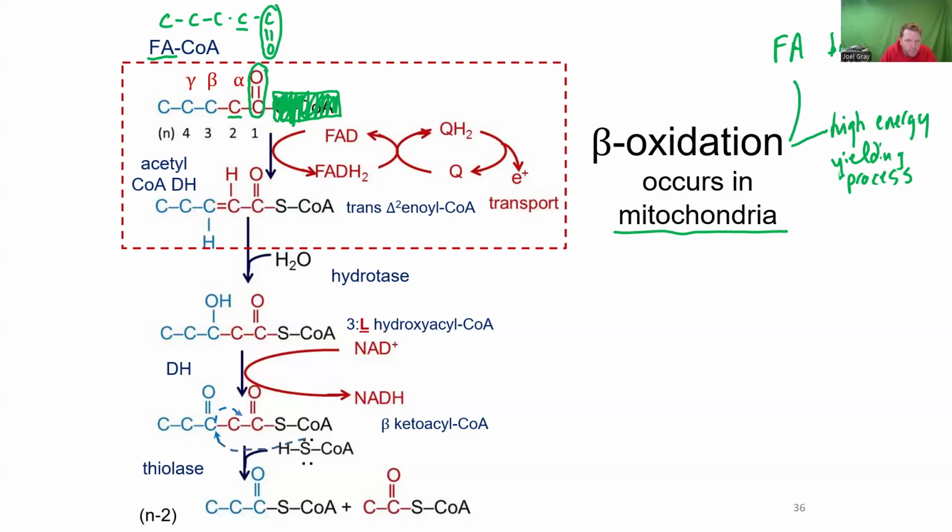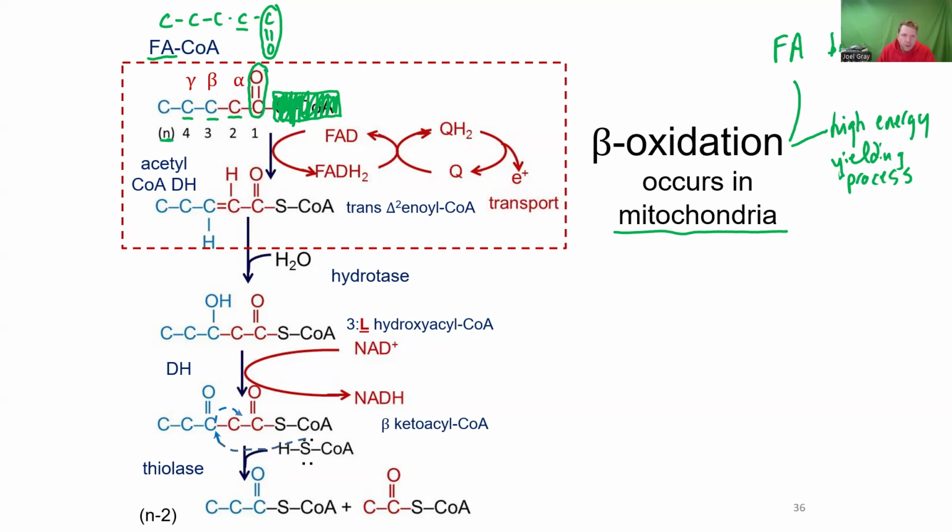Okay, great. Now, it's important to see the alpha, the beta, and the gamma carbons in a fatty acid. Now, this right here is an example of a fatty acid, and the length of it could be 16, it could be 18, it could be 12 carbons long.